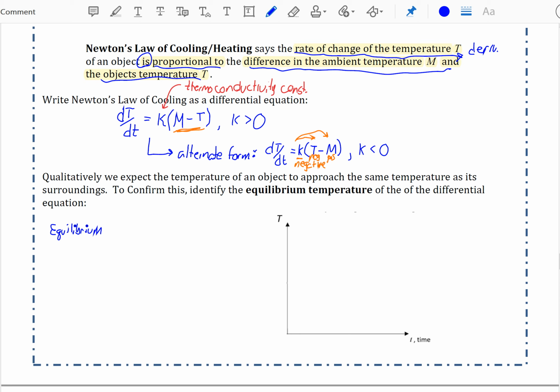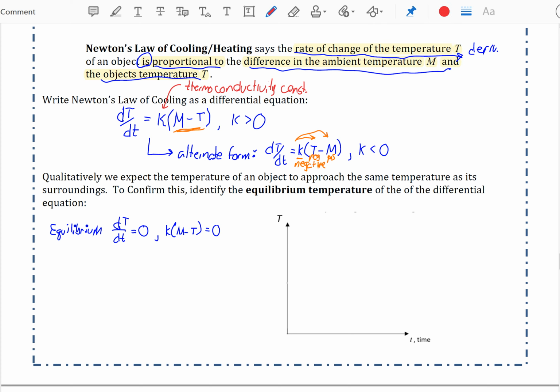Okay, so remember the equilibrium is found when your derivative dT/dt is equal to 0. Now, since your differential equation is K times M minus T, we want to find when this is equal to 0.